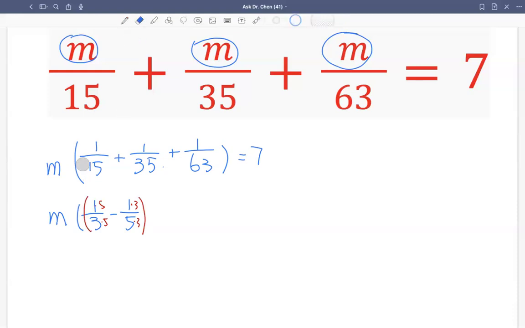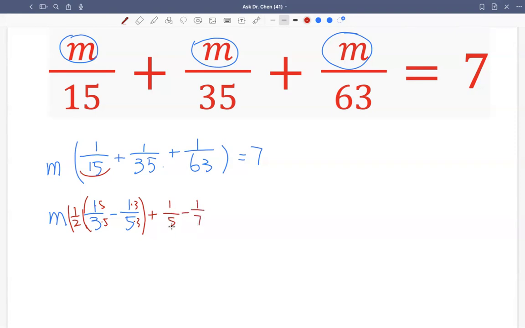Let me erase this. Because 1/3 minus 1 over 5, that's 2 over 15. But we started with 1 over 15, so we just multiply by half. So similarly for the second one, we see we can split as 1 over 5 minus 1 over 7.